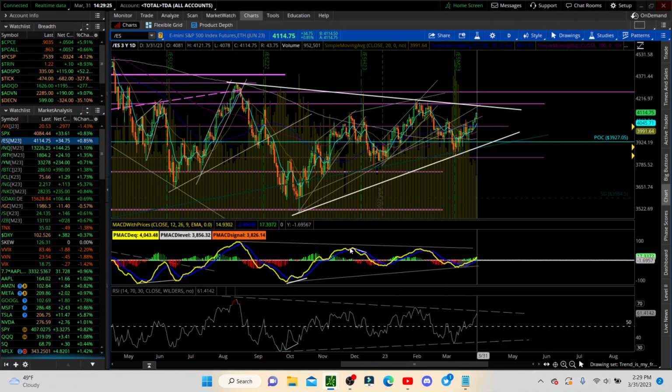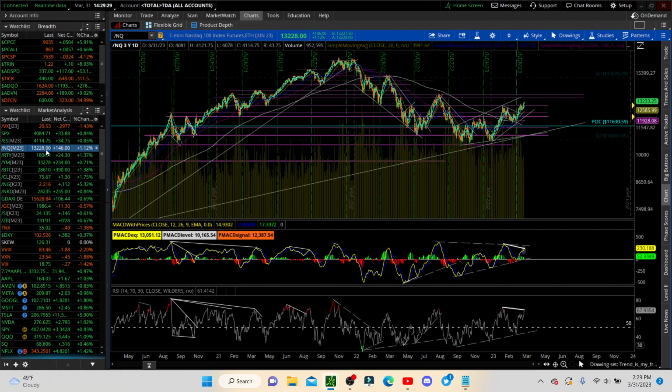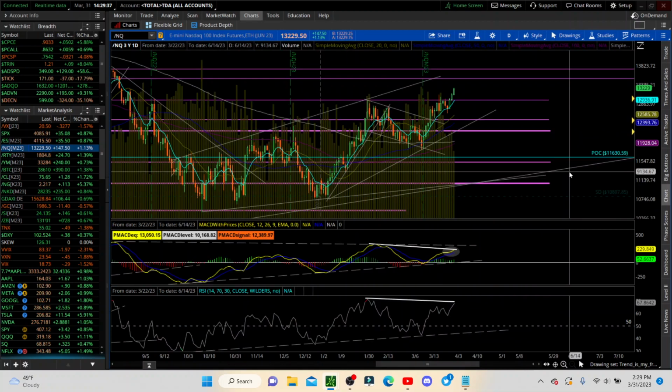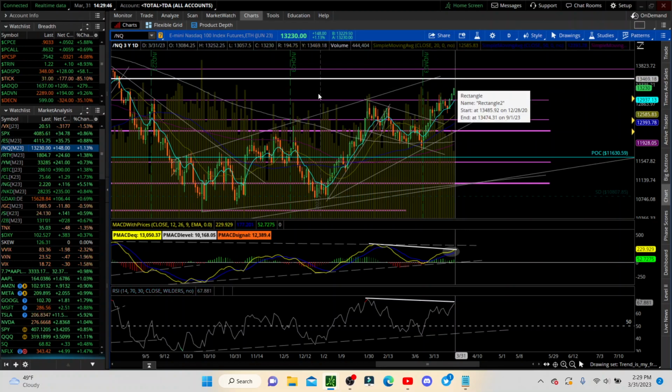Okay. Now, we're going to quickly run through these. We have the NASDAQ. This is NQ, the NASDAQ futures. This is probably the only one that you don't have a huge argument on. But notice right here we are at resistance, but then right above there we have a little bit more room to go.